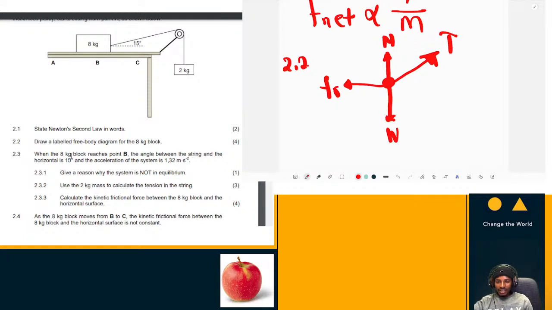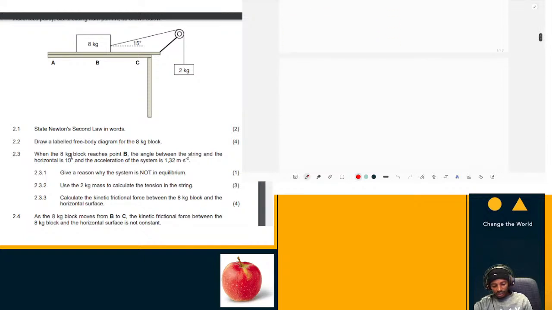Then they are saying in 2.3.1, give a reason why the system is not in equilibrium. To answer this question, you must first understand the term equilibrium, or when the system is in equilibrium.